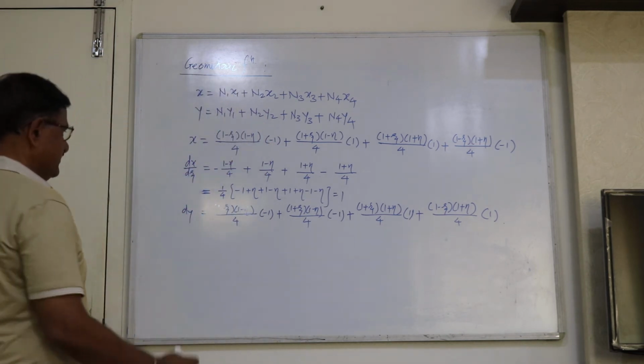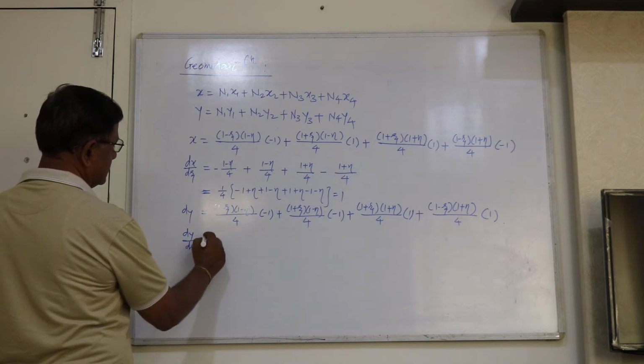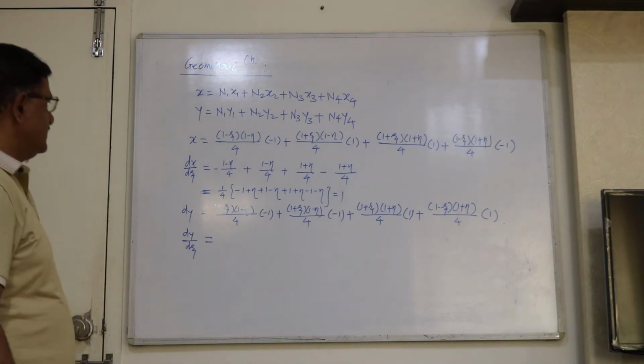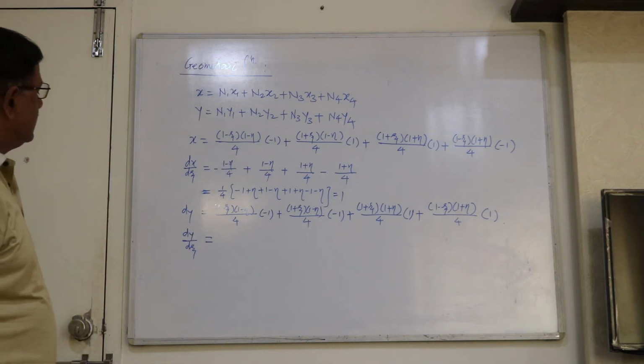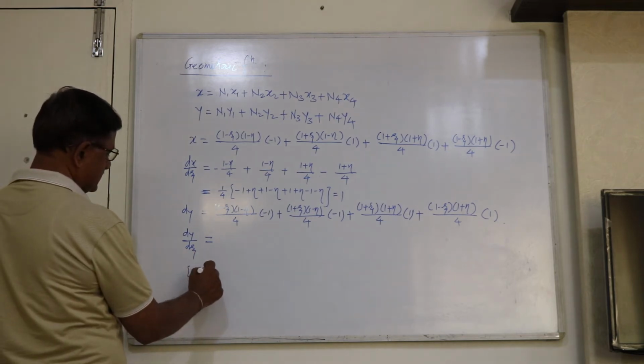So here also we can find out dy by d xi, and finally we will get here a Jacobian matrix.